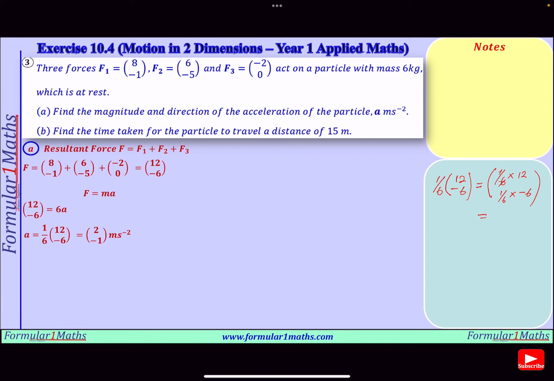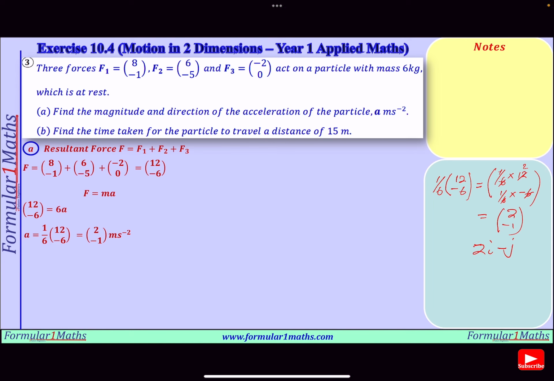This will cancel here, 2, and this will cancel here, 1. And this is why we got 2i minus j.